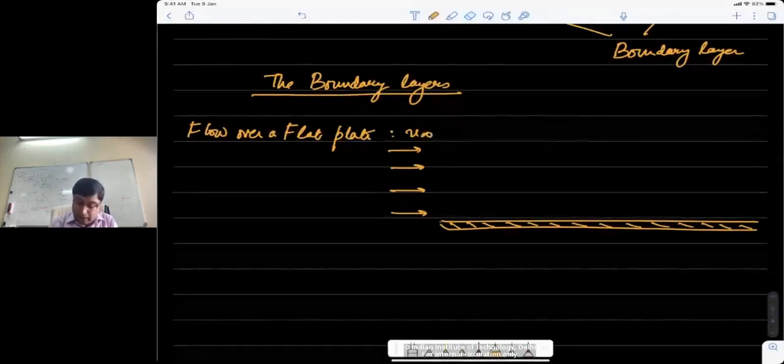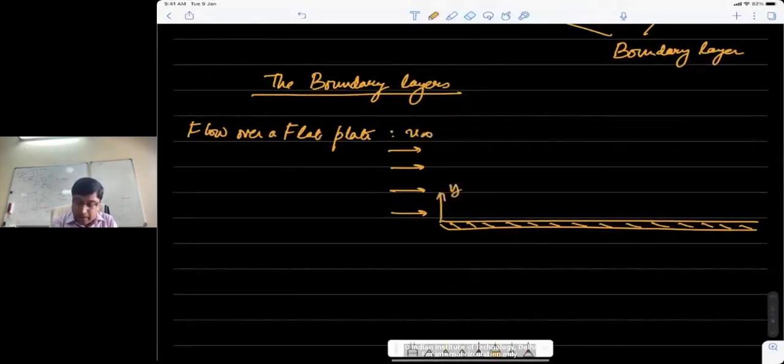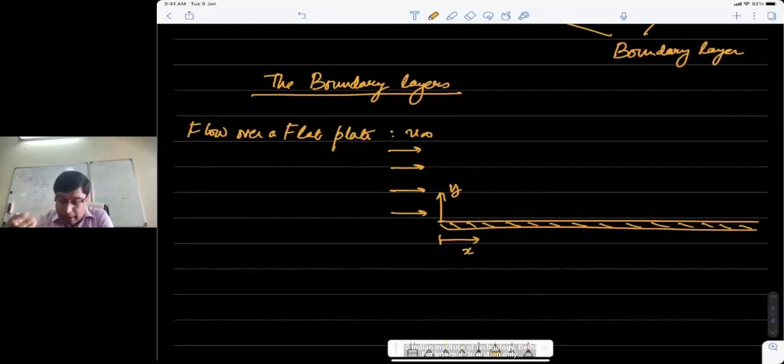We can fix a coordinate system in this way: y is measured from the surface of the plate and x is measured from the leading edge of the plate. So we know in this case that a hydrodynamic boundary layer, or velocity boundary layer, would develop, because the surface is stationary.